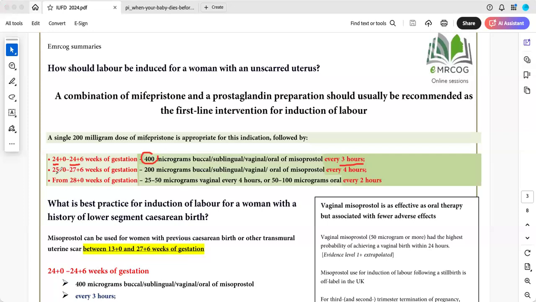If you are between gestational age 25 to 27 plus 6, then use 200 microgram buccal, sublingual, vaginal or oral preparation of misoprostol every 4 hours. So what will the total dose be? Let's say the woman has 24 hours: every 4 hours she takes 200, 200, 200. So what is the total dose?